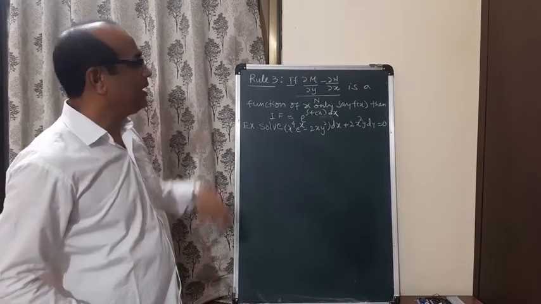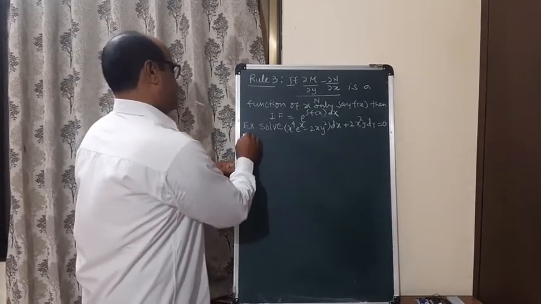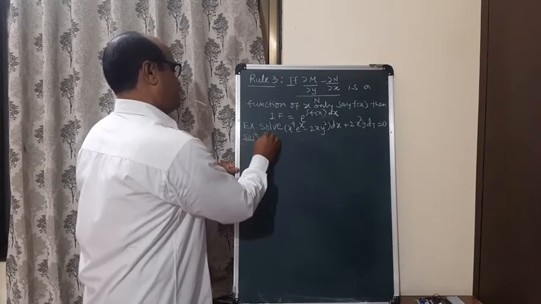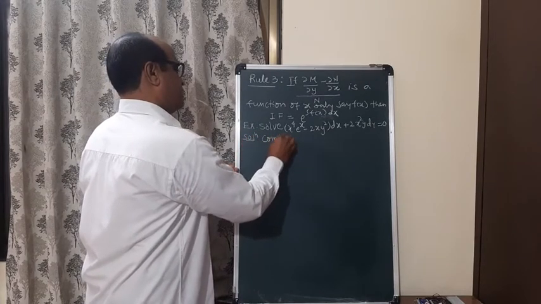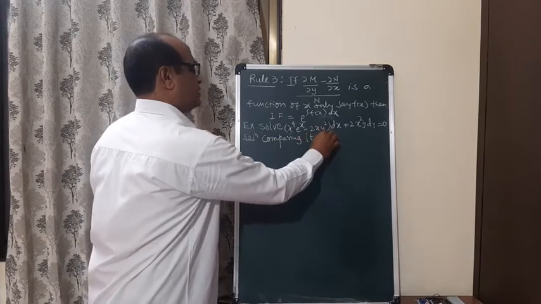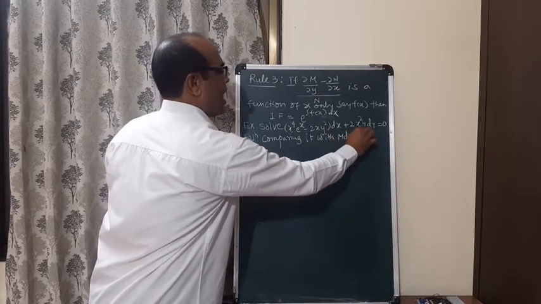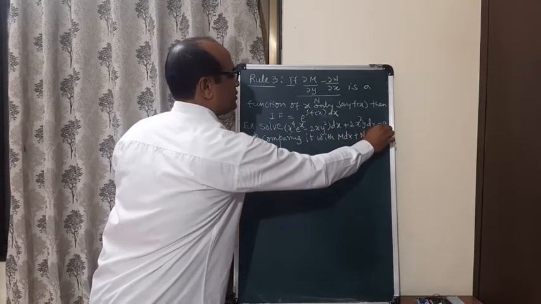Okay, so solution, comparing this equation with M dx plus N dy is equal to 0.